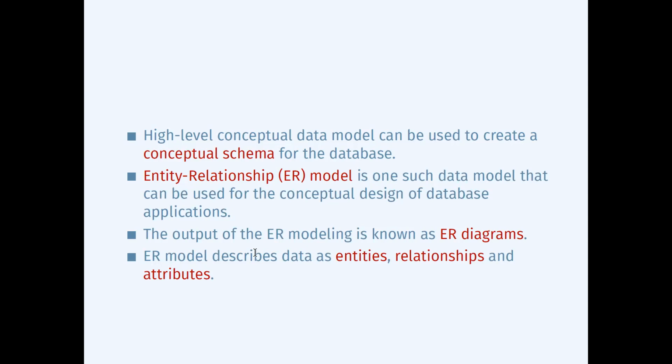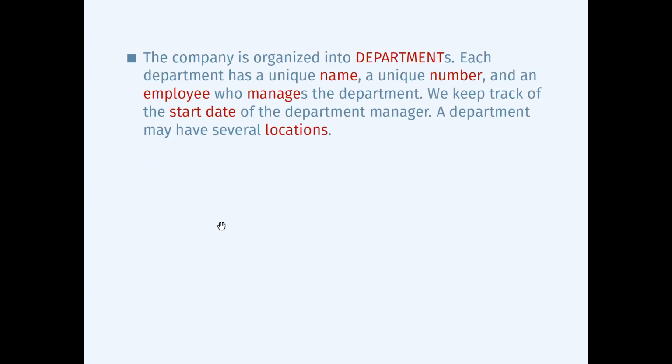So to understand ER modeling, I'm going to use a simple example database about the university. So usually you get a small description like this, right? This database application is about a company, sorry, not university.